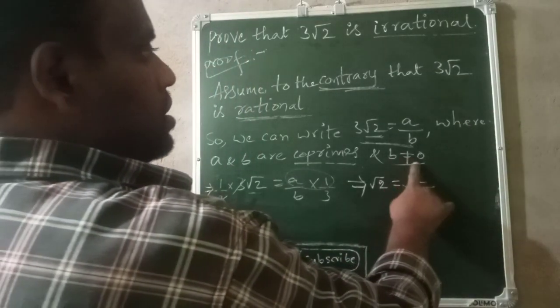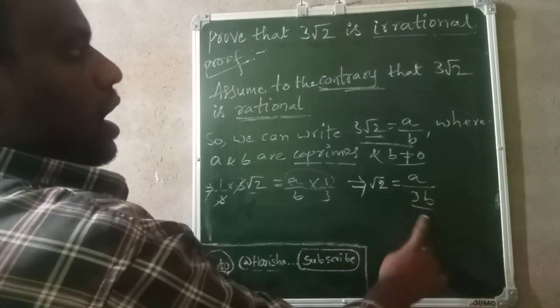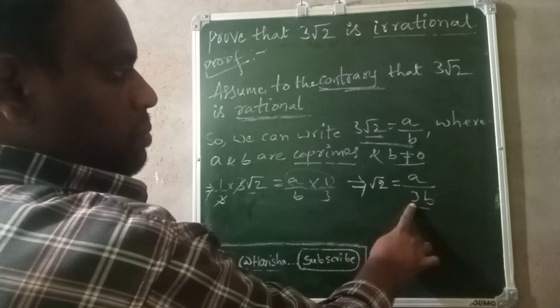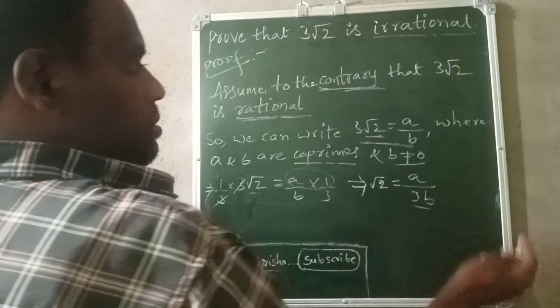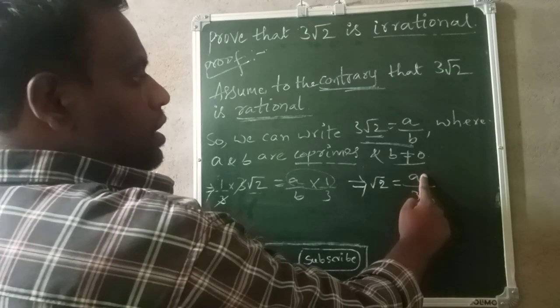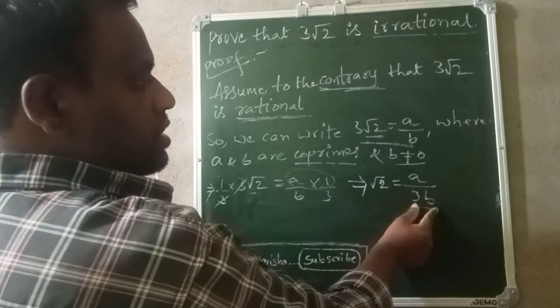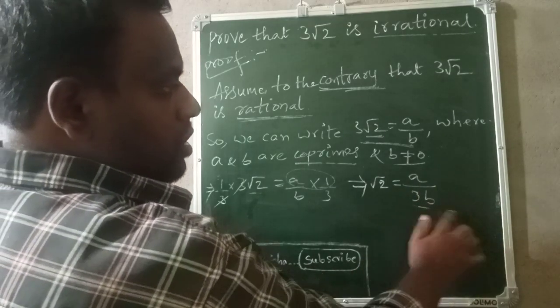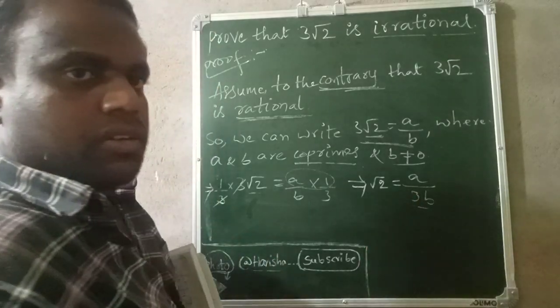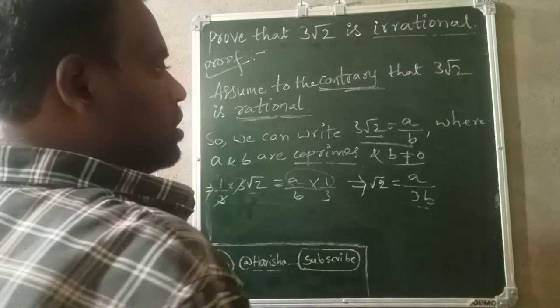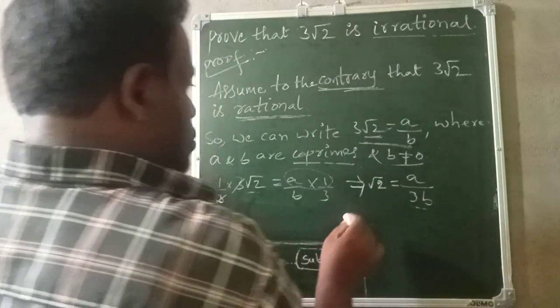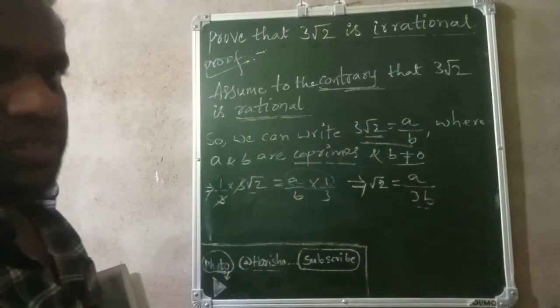We already said b is not equal to 0, and when you multiply b by some number, this 3b is also not equal to 0. 3b is your denominator. When this denominator is not equal to 0, it implies root 2 is rational.